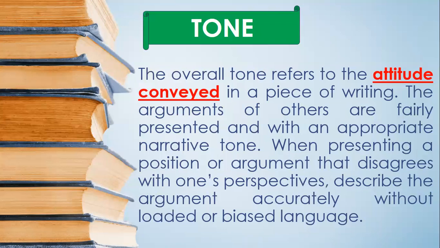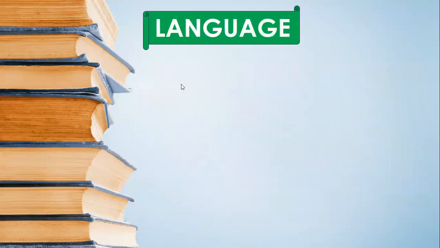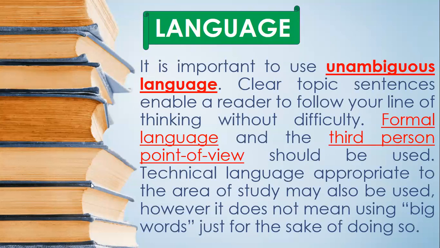Okay? Next, language. Okay? So, when we say language, you have to keep in mind that you have to use unambiguous language when you are writing your academic text. And what do we mean by unambiguous language? Unambiguous language are languages that are too highly technical in nature, meaning to say not everyone can understand the words that you incorporated in your academic text.